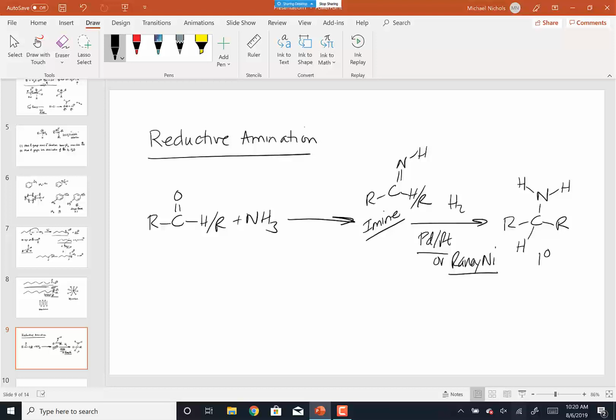So if I use ammonia with my aldehyde or my ketone, I can make any primary amine I want. But the key is I used ammonia and then I made the imine and reduced it. You might say, okay, I want to make a secondary amine. Well, then I react the primary amine with my aldehyde or ketone. What am I going to make there?